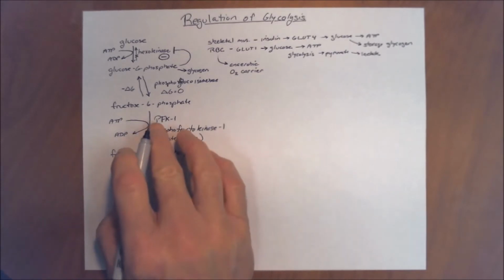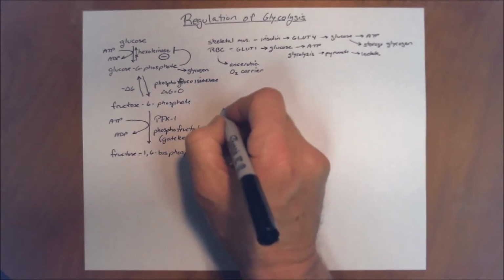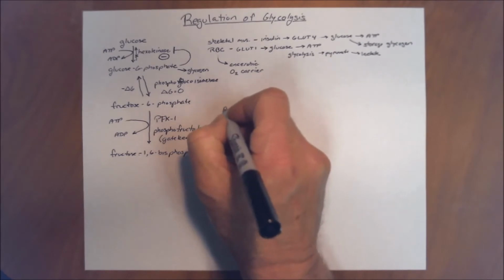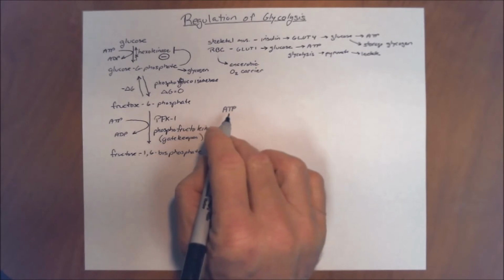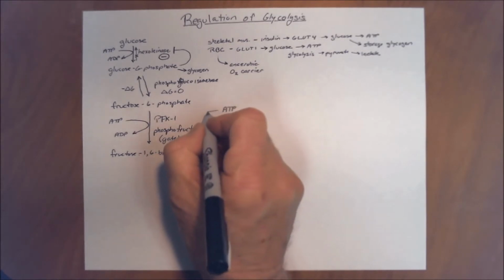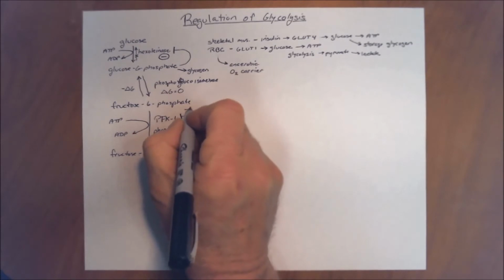So what regulates PFK1? PFK1 is essentially an energy sensor in the cell. So as ATP levels begin to rise, and especially in skeletal muscle, the ATP will bind to PFK1 and inhibit.